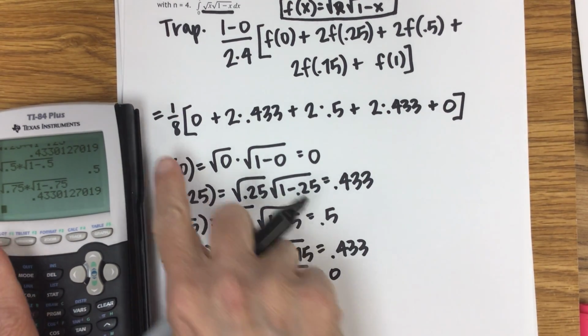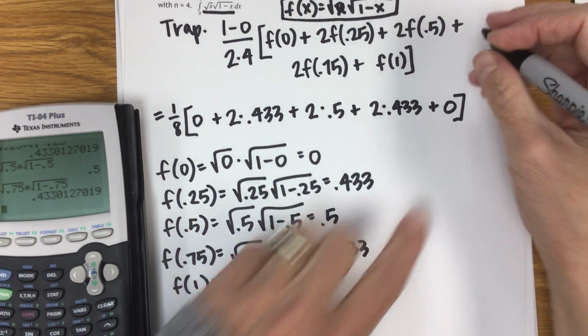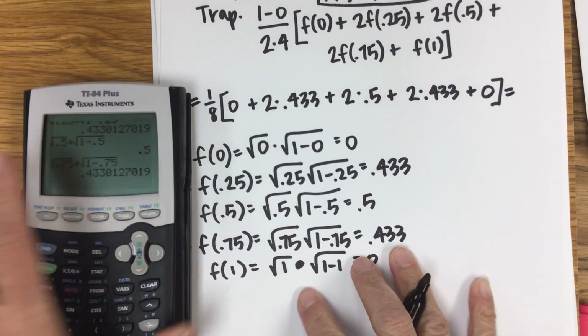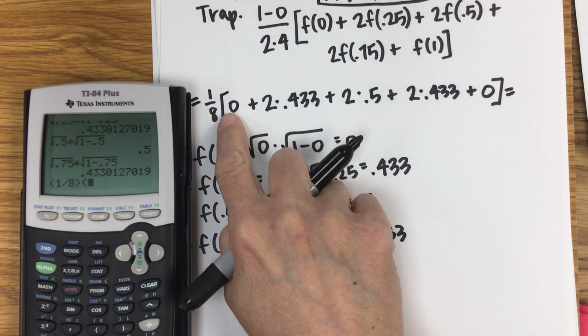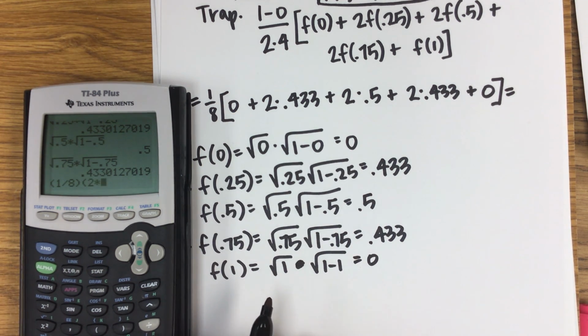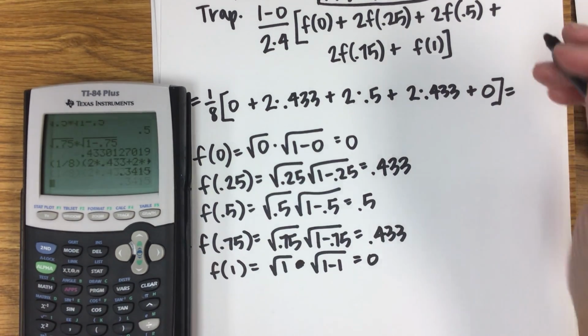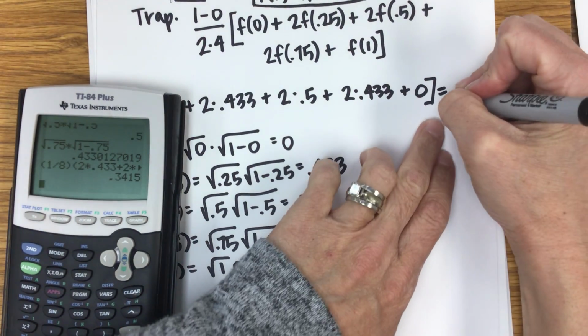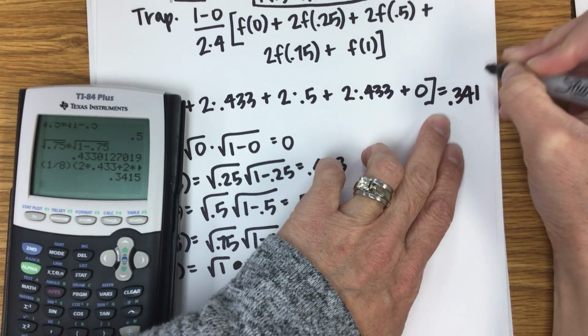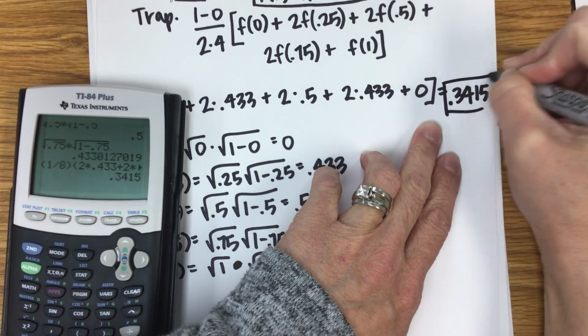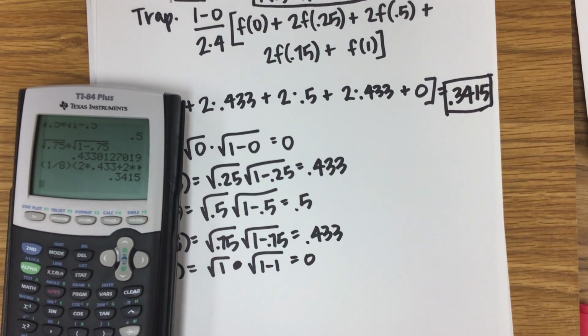Now I'm just going to take my calculator, type all of that in, and see what I end up with. So 1/8 times, don't need the 0, so 2 times 0.433 plus 2 times 0.5 plus 2 times 0.433, don't need the 0, and with that I ended up with 0.3415. That's my trapezoidal approximation.